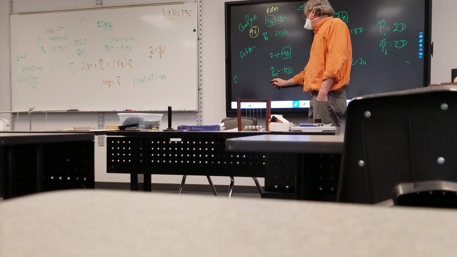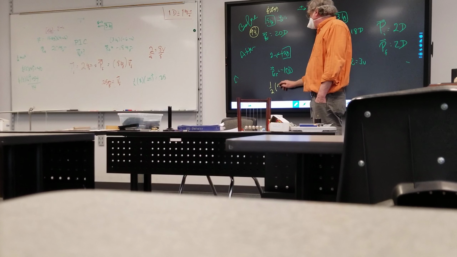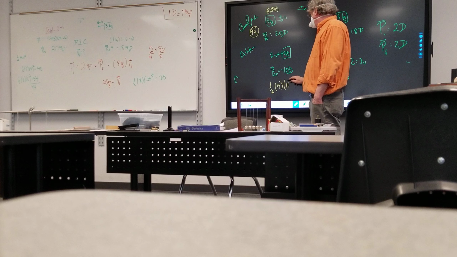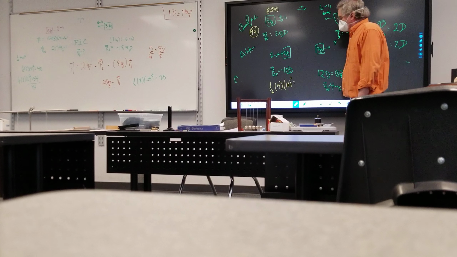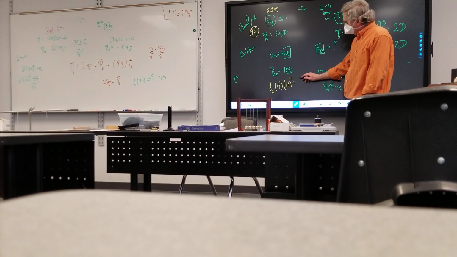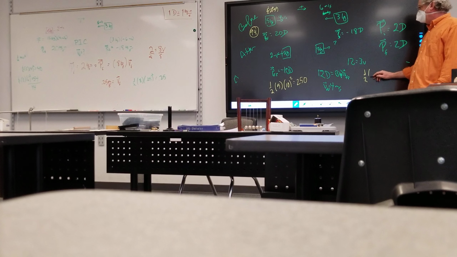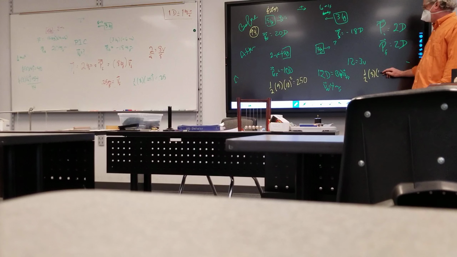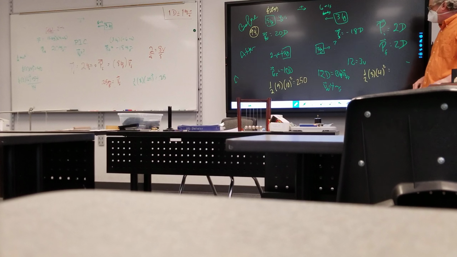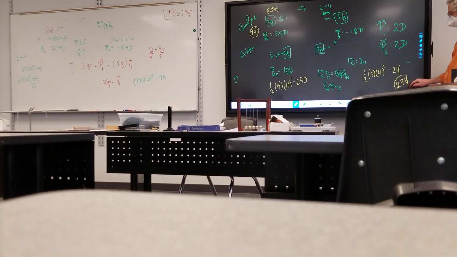Afterwards, I have 1/2 times 5 times 10 squared, which is 250. And over here, I have 1/2 times 3 times 4 squared, which is 24. So I have 274 total. So I started out with 94 of these things, and I ended up with 274. I will tell you, not realistic.